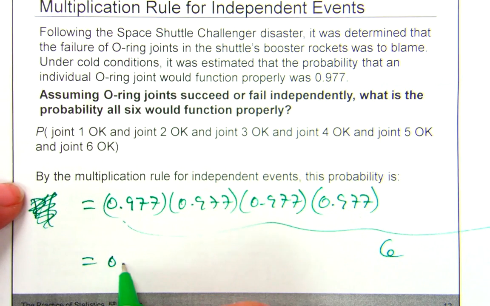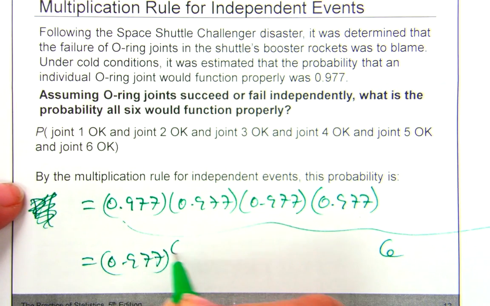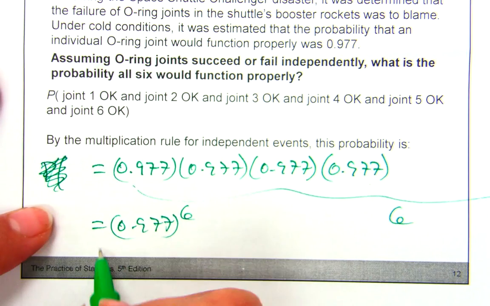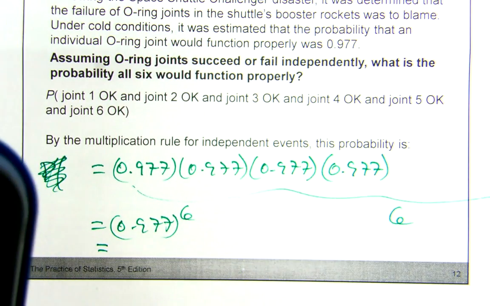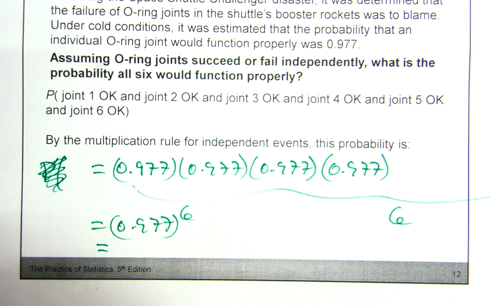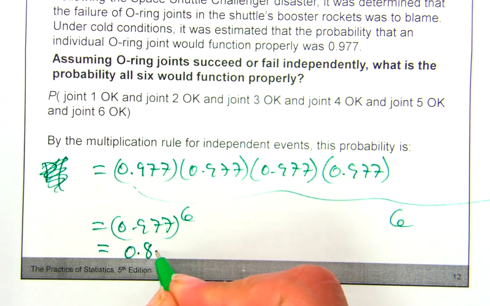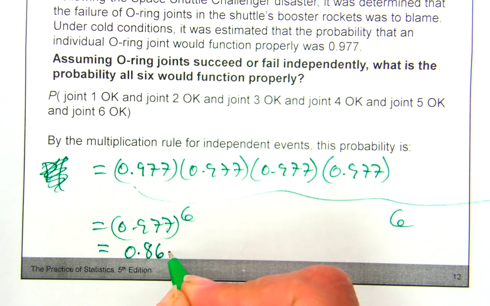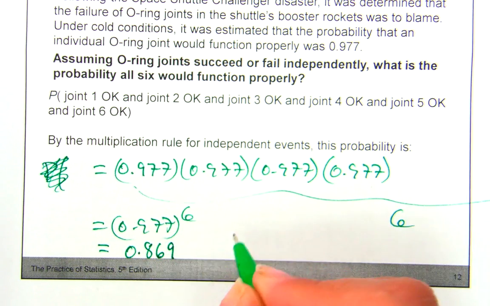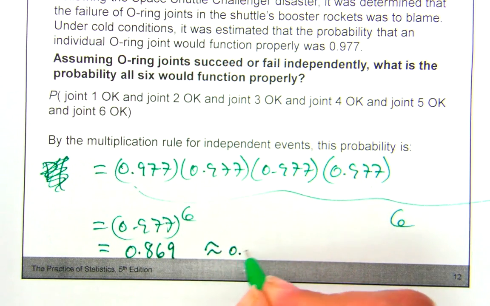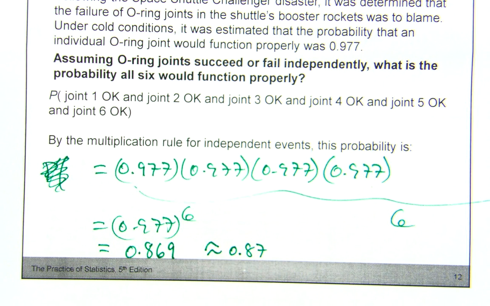So that's technically 0.977 to the 6th power, which basically gives us a probability of 0.8696. Well, it's pretty much almost 0.87. Okay, so the probability that all 6 would function properly at the same time is around 87%.